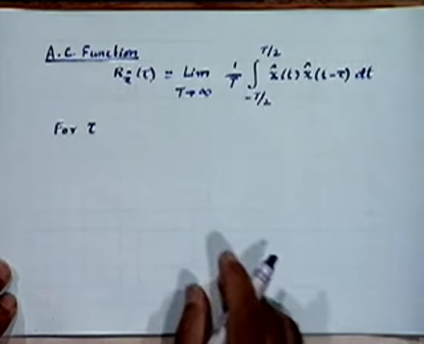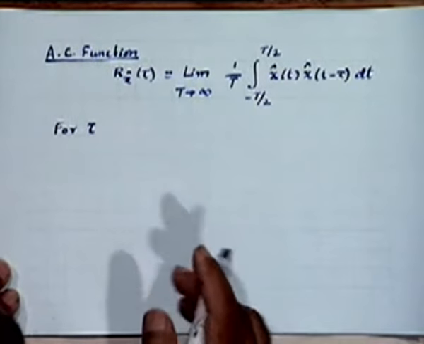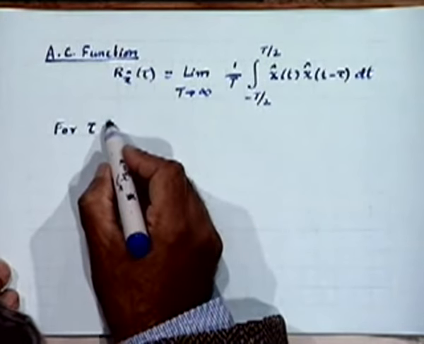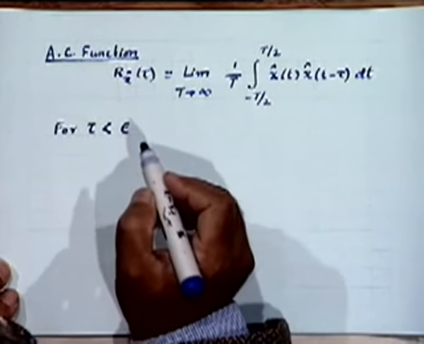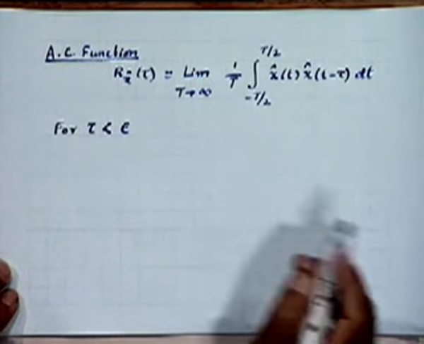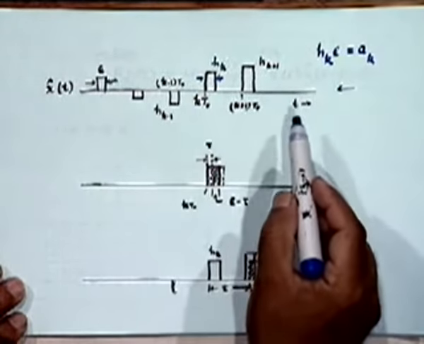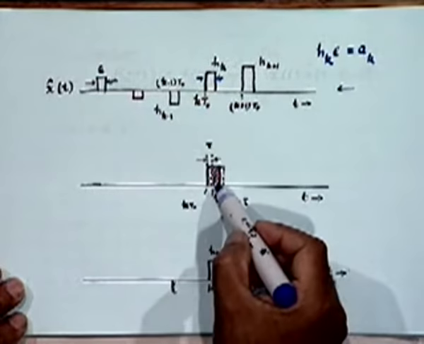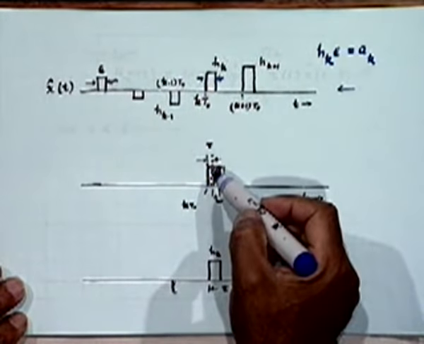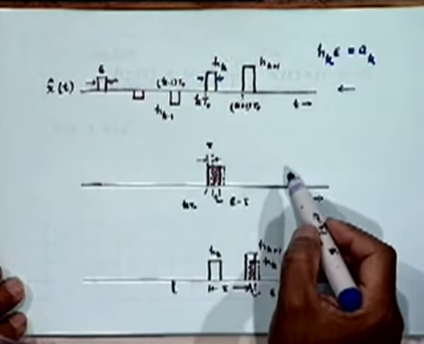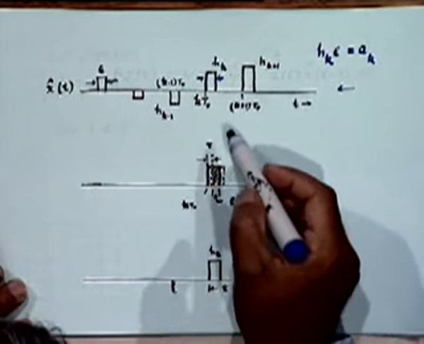Let us consider to start with values of delay which are small, specifically taus smaller than the pulse duration epsilon that we are using. Let me show it here. We are considering this waveform and its delayed version, and I have depicted here only one of these pulses instead of the whole of it, because it is not really required.